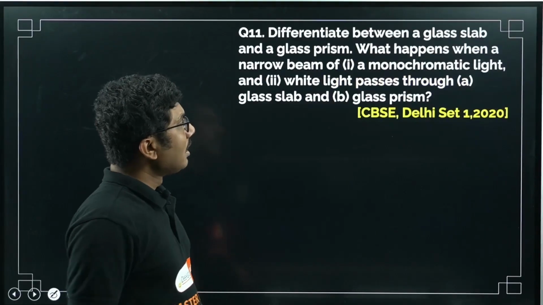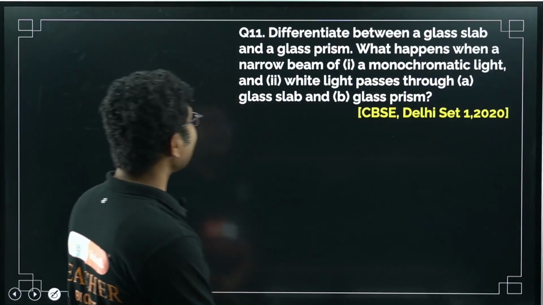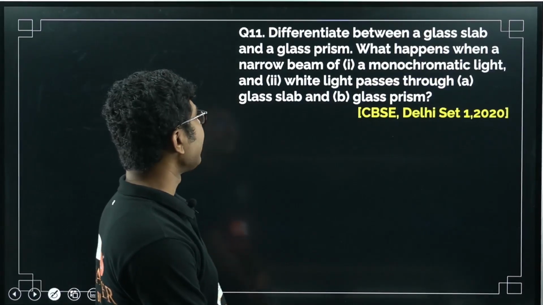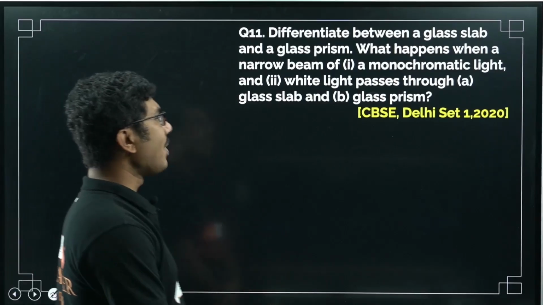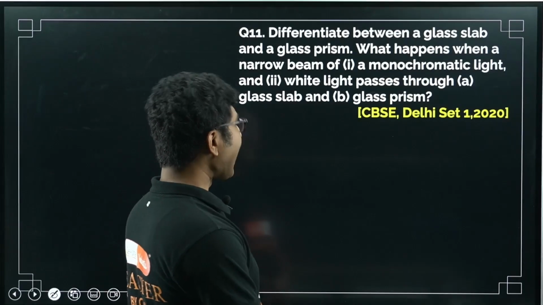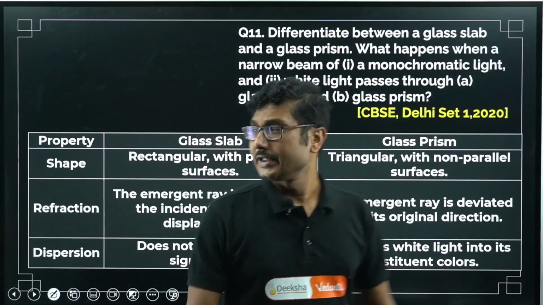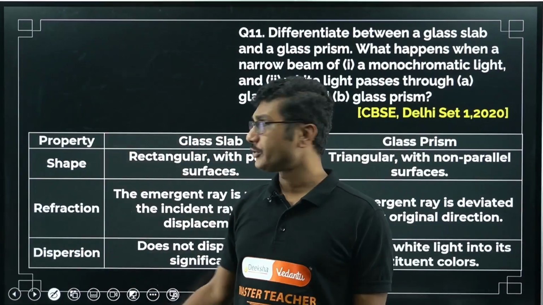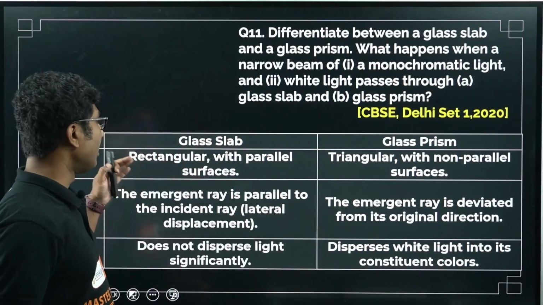Now the next question: differentiate between a glass slab and a glass prism. What happens when a narrow beam of monochromatic light and white light passes through a glass slab and a glass prism? The first portion, the property, is optional, but these two tables you have to mention. What are the differences?